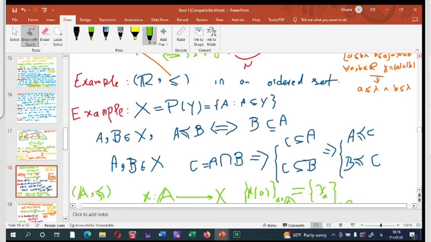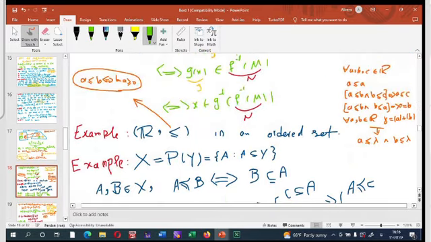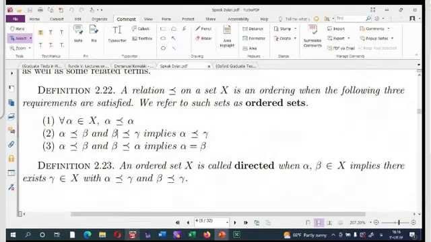For an easy example, we know that the real numbers with the ordinary order, A is less than or equal to B if and only if B minus A is non-negative, is an ordered set. This relation on real numbers has these three properties.